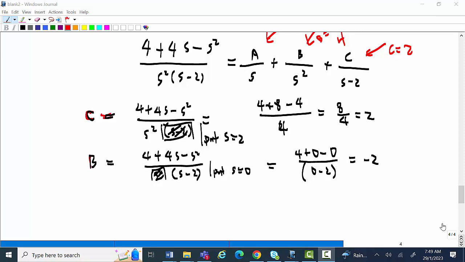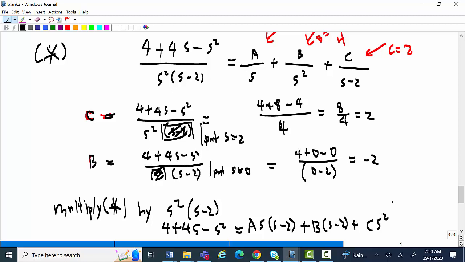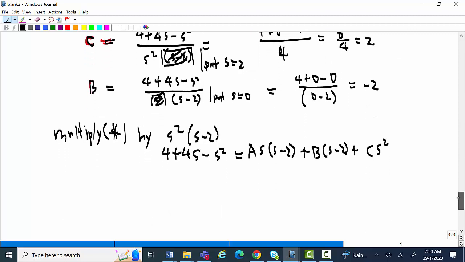To find the value of A, you multiply the expression on top by s squared times s minus 2. Then you get 4 plus 4s minus s squared is equal to As(s minus 2) plus B(s minus 2) plus Cs squared.